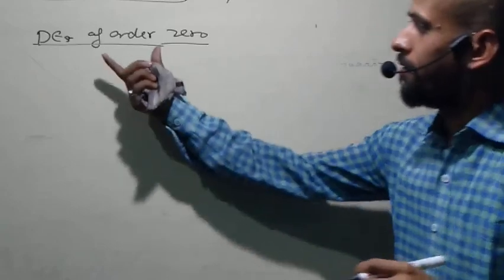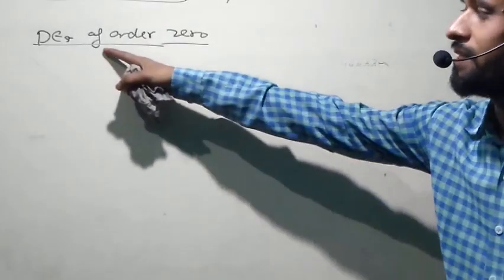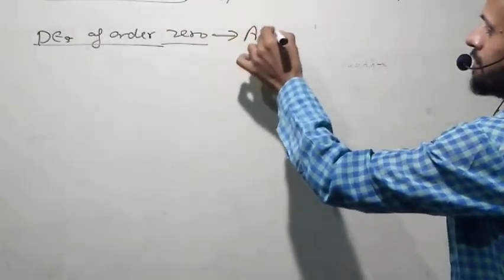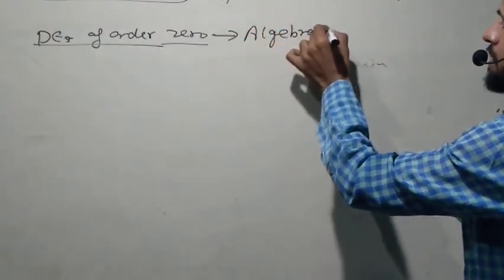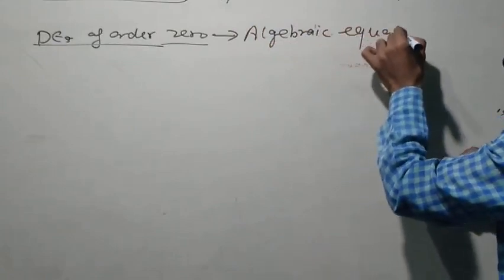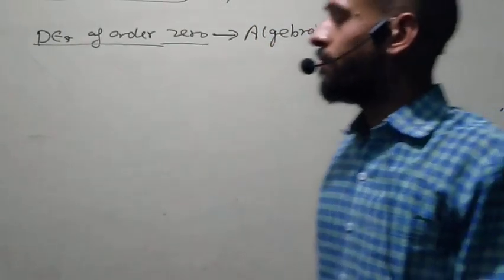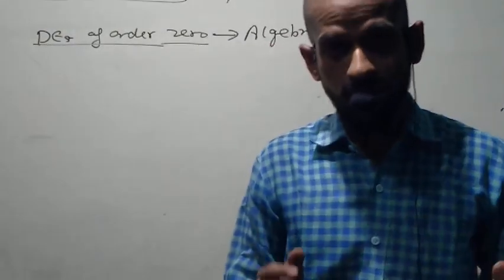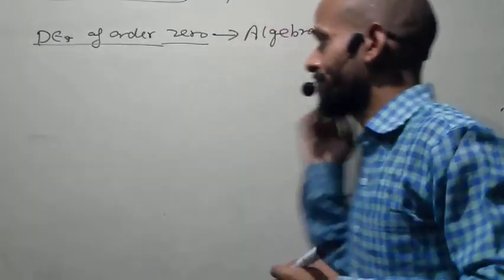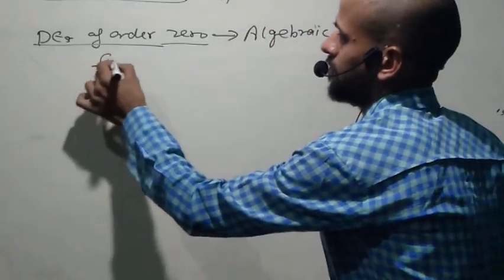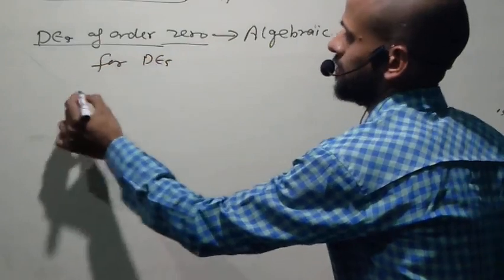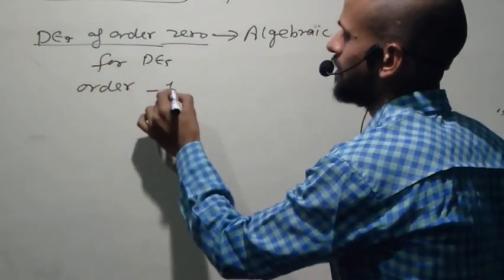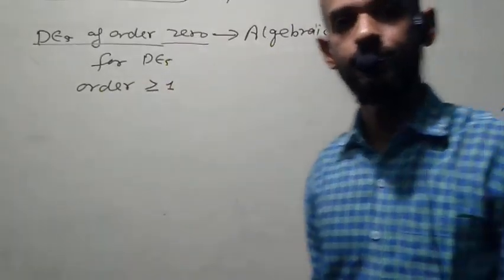So we write here: an equation which has no derivative, order 0, is called an algebraic equation. This is an algebraic equation. So for a differential equation, the order of the equation should be equal to 1 or greater than 1. Okay.